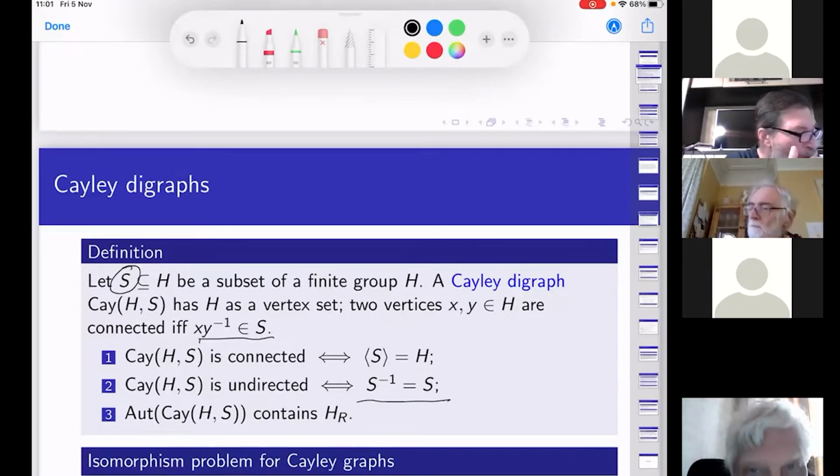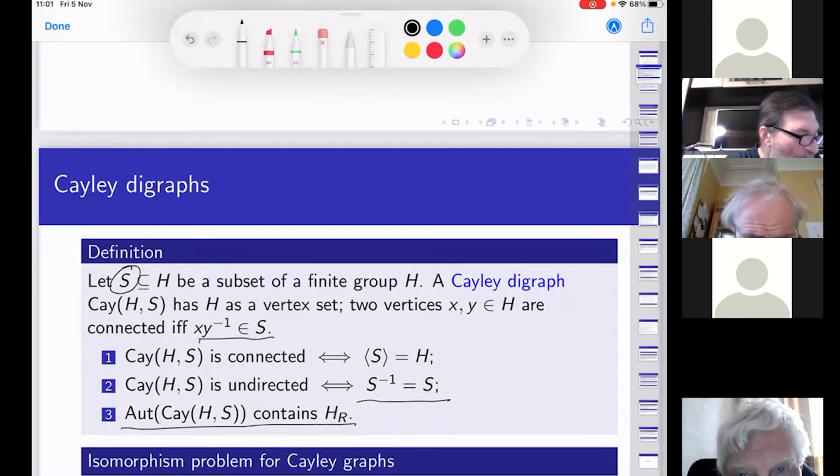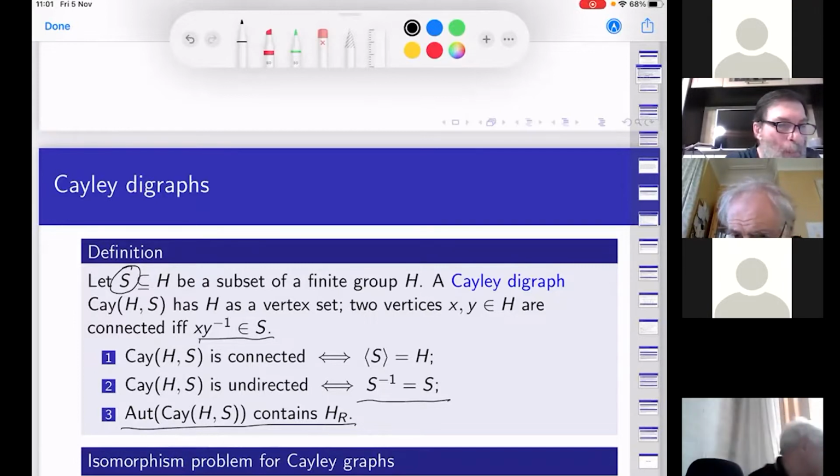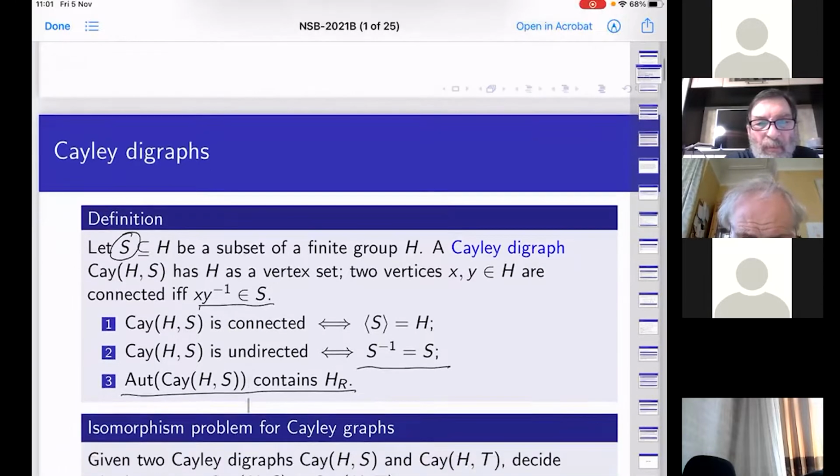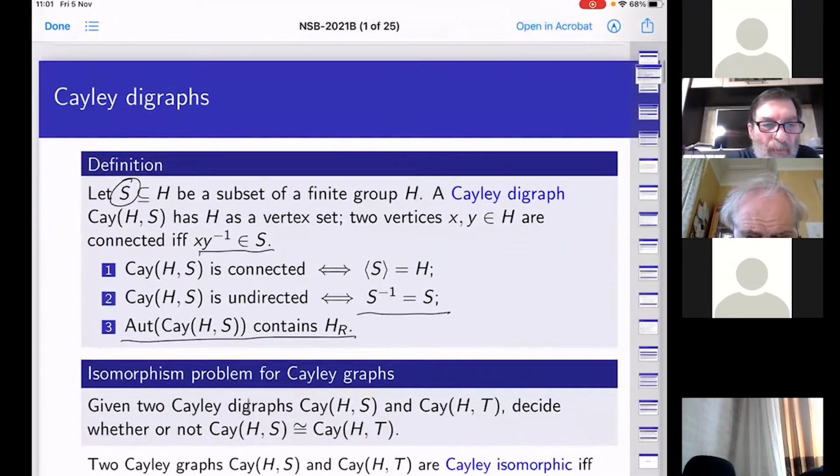And what is important, the automorphism group of the Cayley graph contains a regular permutation subgroup, which is isomorphic to H. Namely, this subgroup consists of the right translations by the elements of H. The problem I'm going to talk about is the isomorphism problem for Cayley graphs.